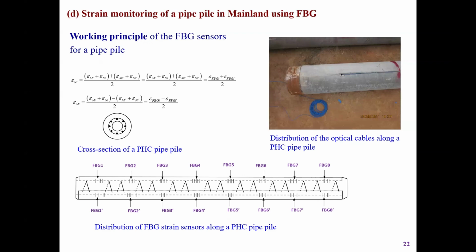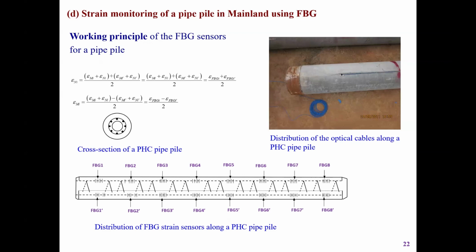When they compress, you can imagine the soils will provide side friction, side resistance, and also at the end of the piles we have resistance. The side and the end resistance, and we measure strain only. If we know the distribution of the strain, then we can calculate the side friction of the piles by this technology.